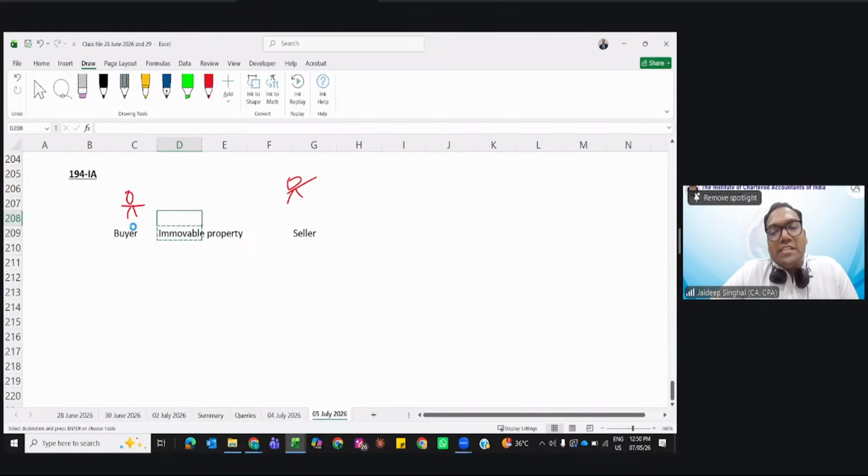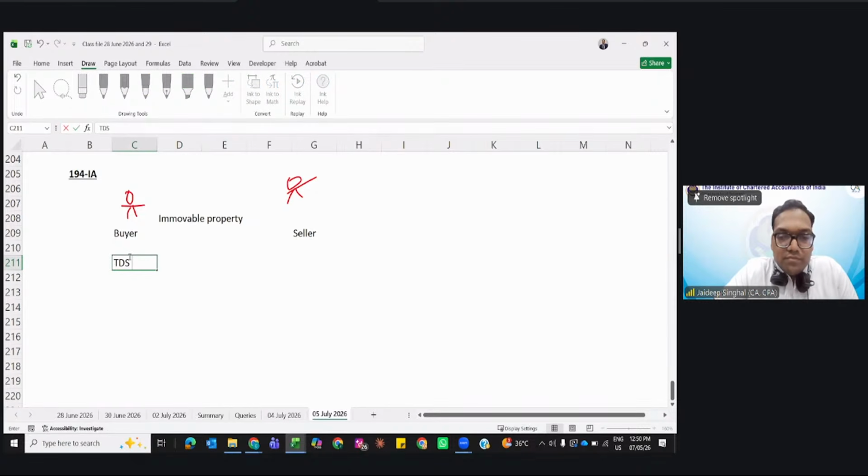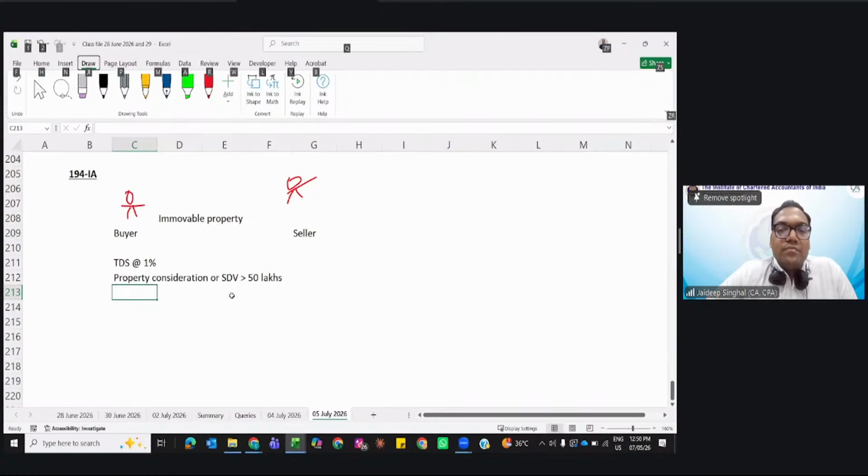If the buyer is purchasing an immovable property from the seller, and the consideration or stamp duty value is greater than 50 lakhs, then TDS is required to be deducted at the rate of 1%.